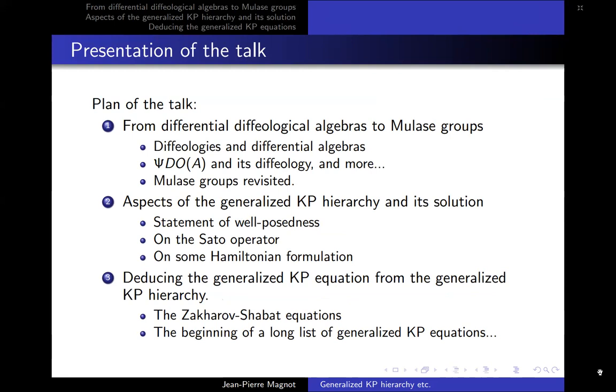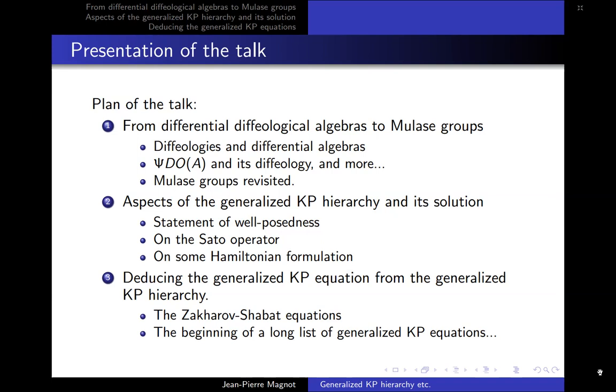Since this is not a widely known topic, I will do some preliminaries in order to explain how it works, what it is for, and why it fits with the hierarchy.